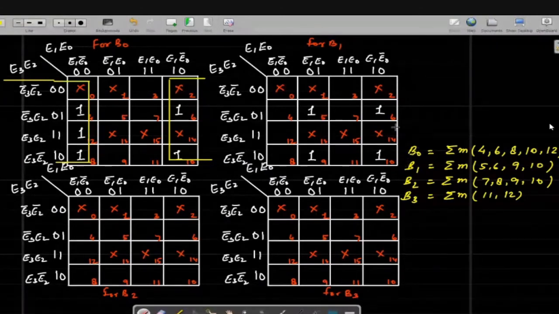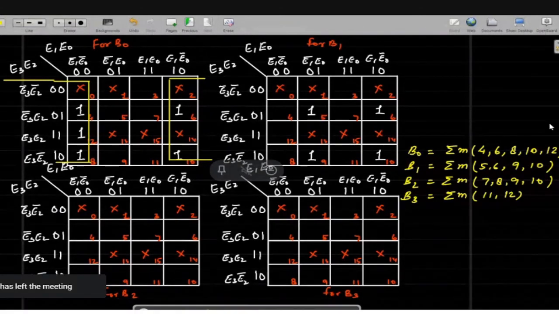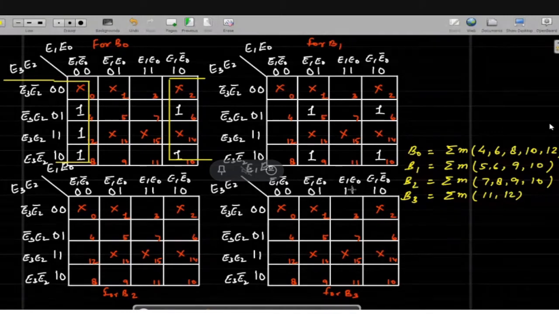Now tell me, in this map, what is the biggest size group you can observe? Sir, quad grouping is forming. There are 2 quads. Yes, excellent.